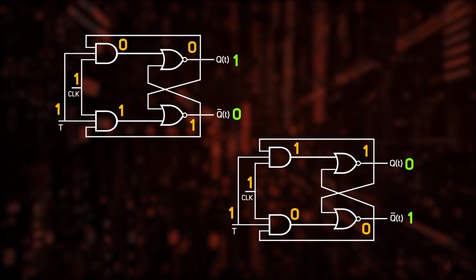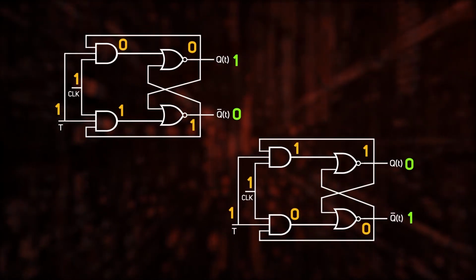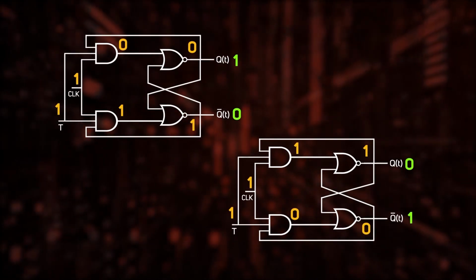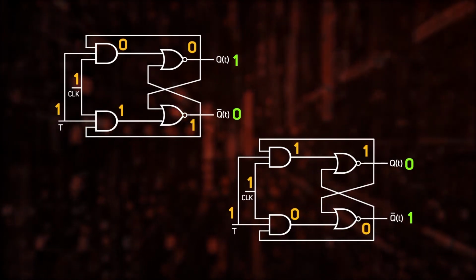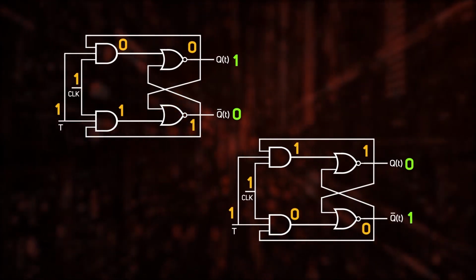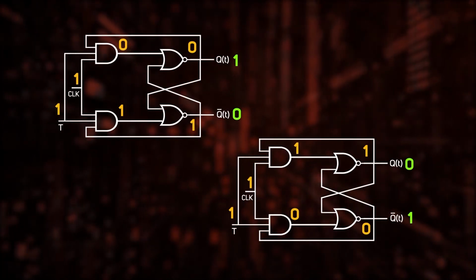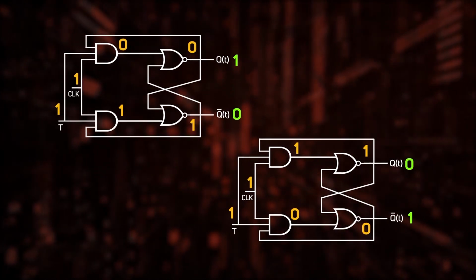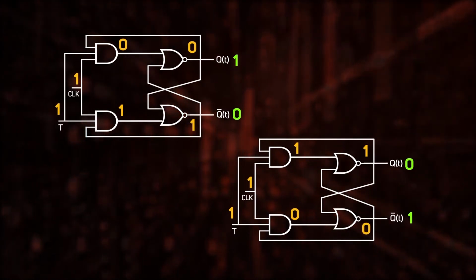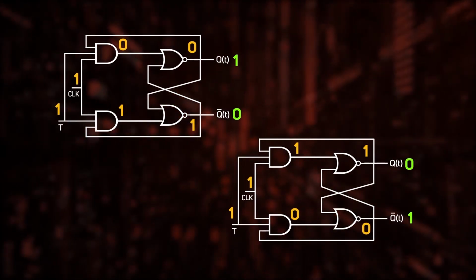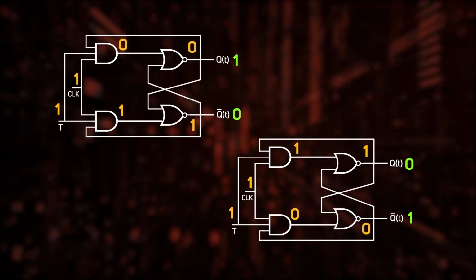When Q equal to 0 and Q complement equal to 1, the first AND gate produces 0, since Q equal to 0, and the second gate has 1 as its output because Q complement is equal to 1. The NOR gated SR latch sets the flip-flop when S equal to 1 and R equal to 0.